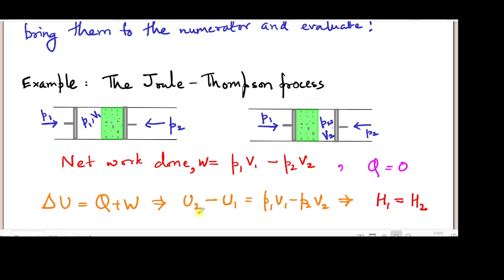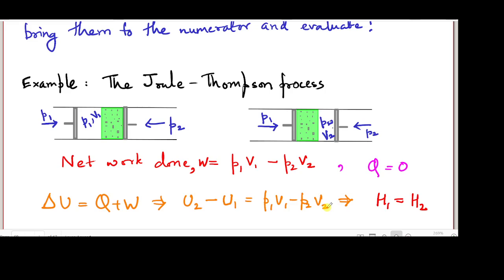And therefore, you can rewrite this as U2, where U2 is the internal energy of the gas after it has crossed through the porous plug, minus U1, the internal energy before on the left-hand side, is simply equal to W, which is P1 V1 minus P2 V2. And that tells us that if you compare the enthalpies before and after this process, you get the same value. H1 is the same as H2.